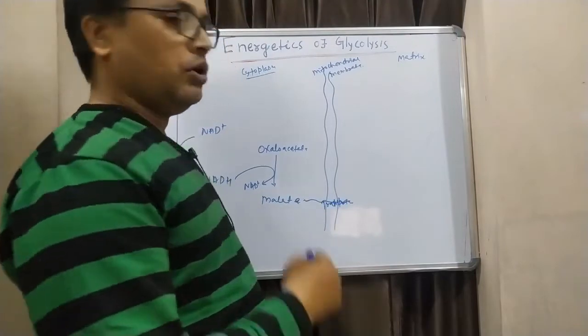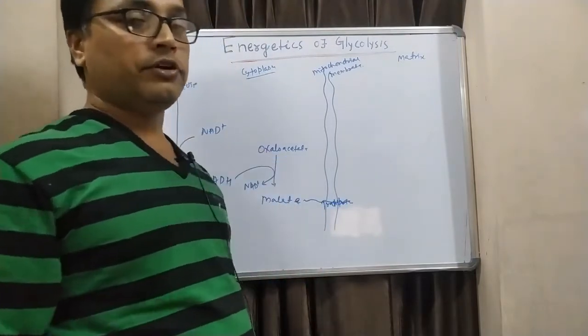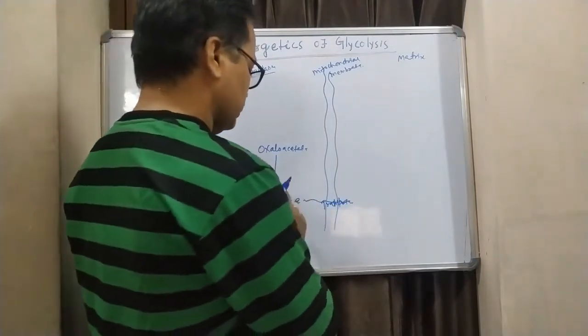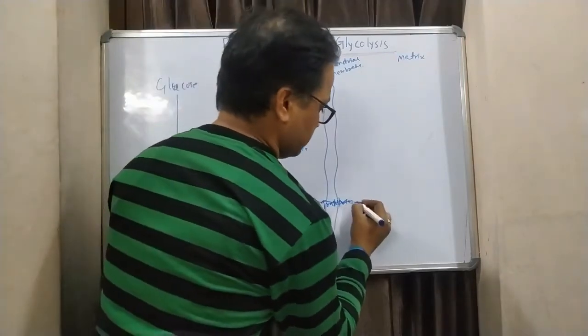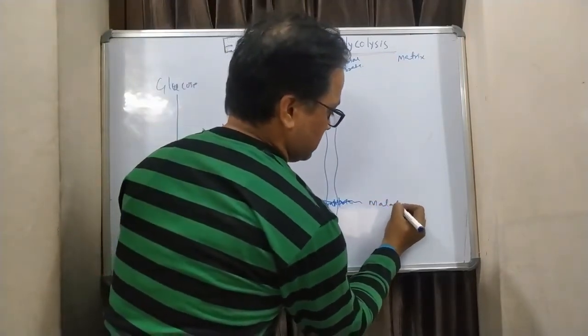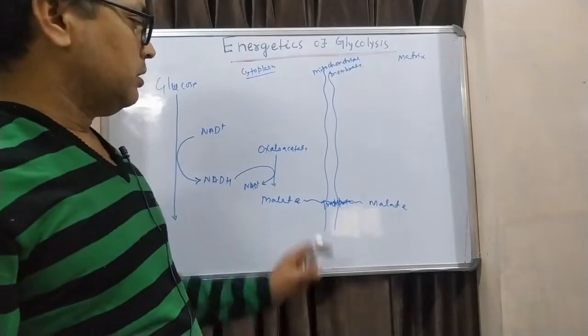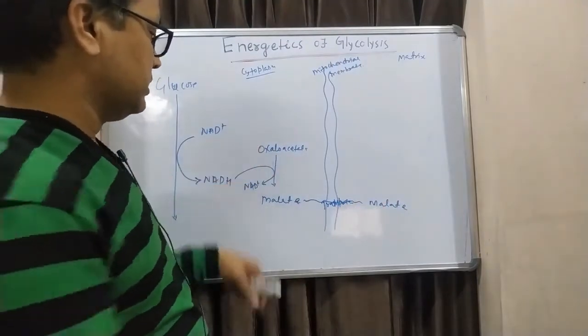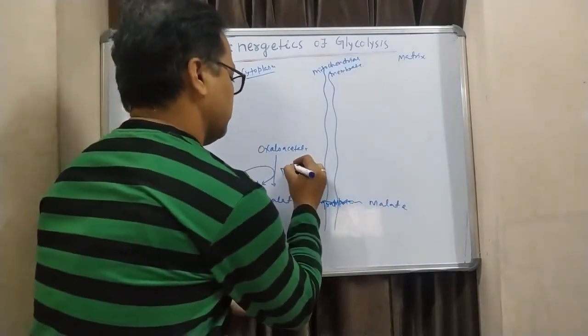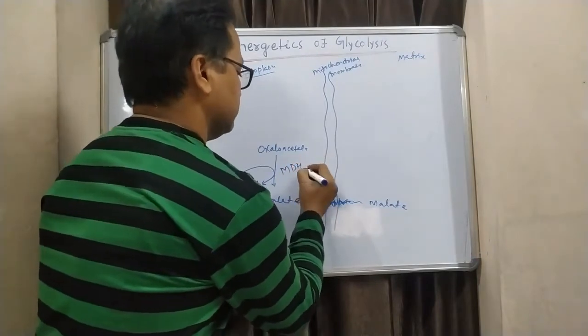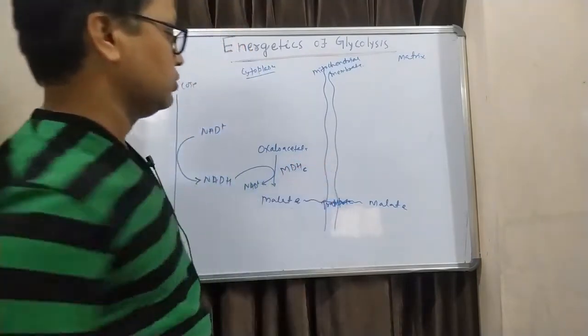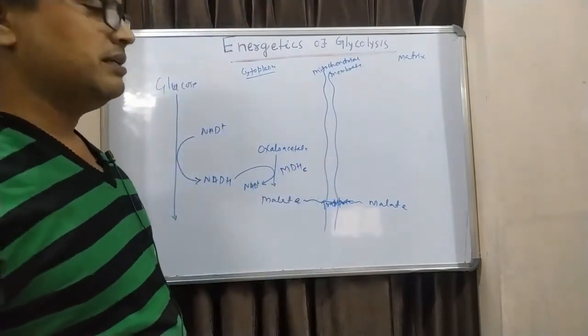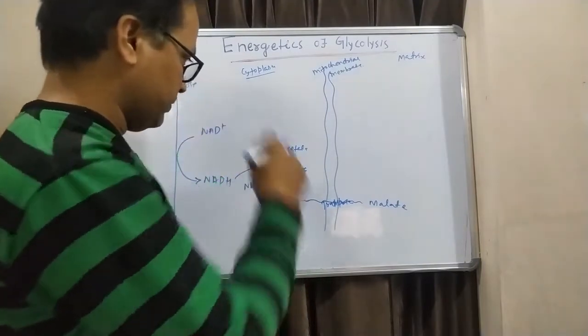Along with that, alpha ketoglutarate is also transported. So this malate will be transferred to the mitochondria. Now this reaction is catalyzed by malate dehydrogenase, but it is the cytosolic one.